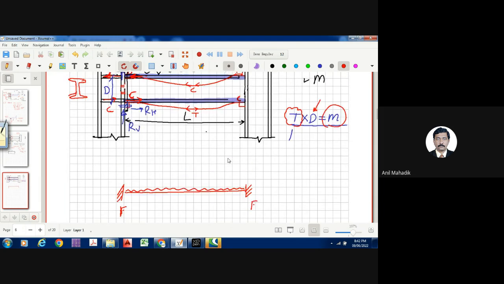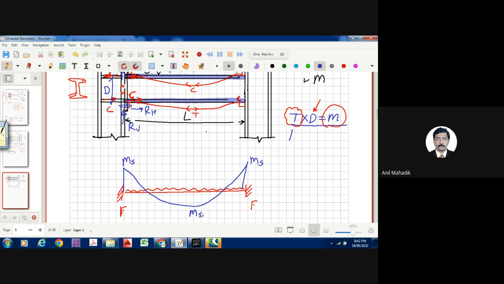Now, if I want to draw the bending moment diagram, we are going to learn the bending moment, but let me draw here. As it is a fixed, will there be a bending moment at the support? रहेगा ना? Yes, sir. So there will be bending moment at the support, then again here also at the center.